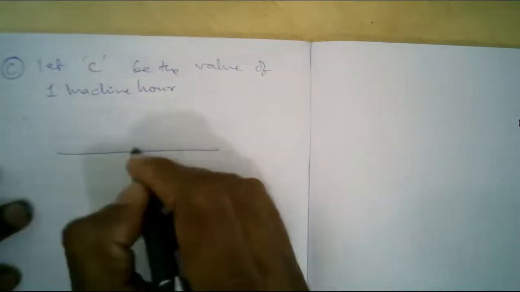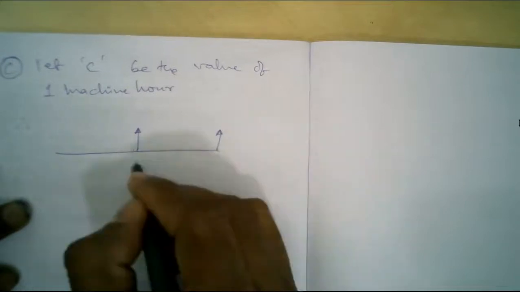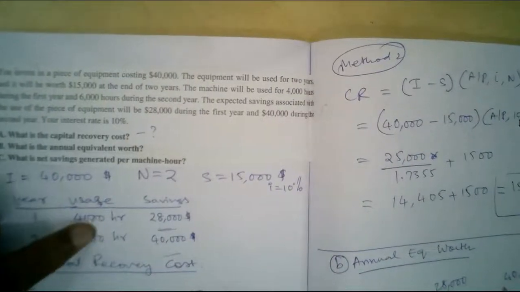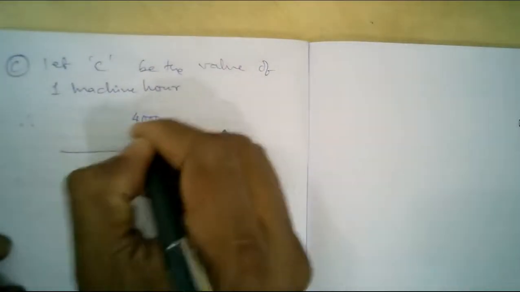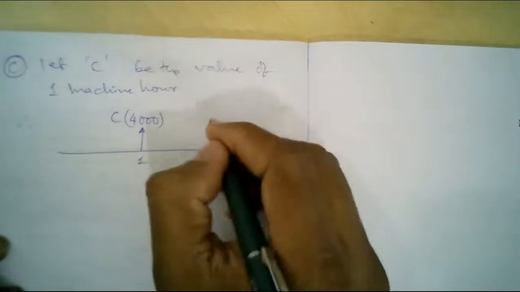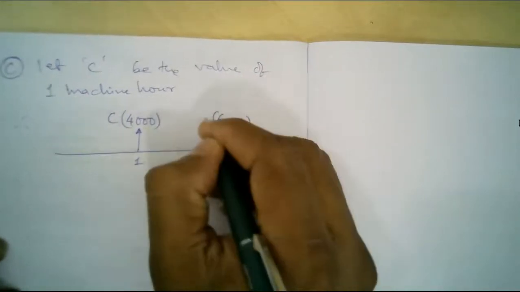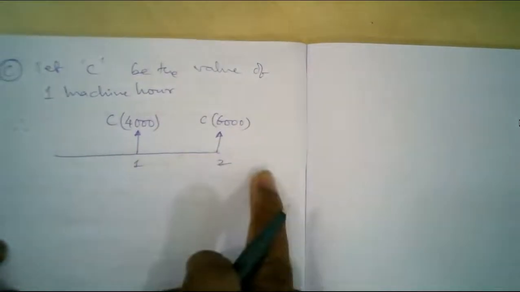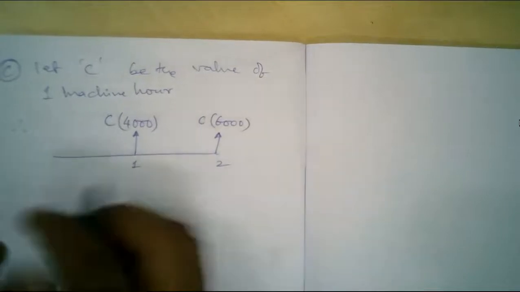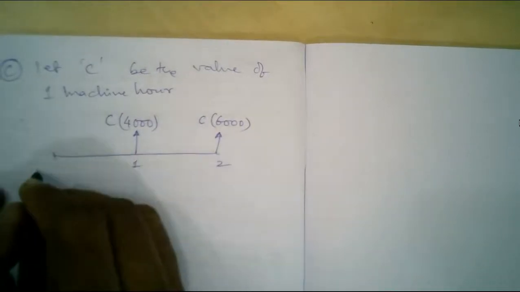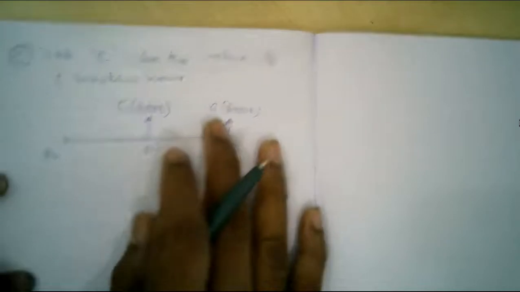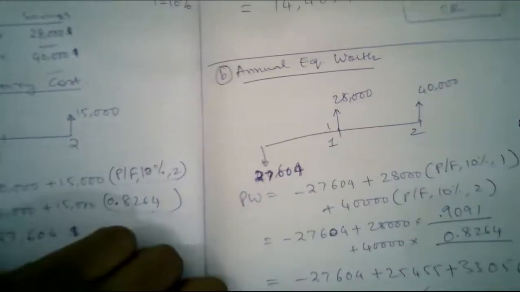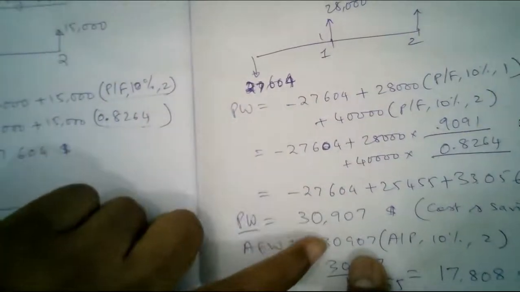Therefore, what is the value I have at the end of the first year and second year? Here, 4,000 hours is in the first year and 6,000 hours is in the second year. So 4,000 into C and then 6,000 into C. This present worth should be equal to the present worth I just calculated, that is 30,907.